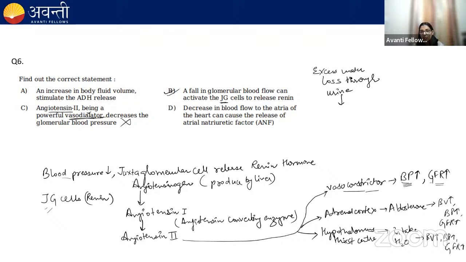So when the excess water is lost through urine, it will activate the hypothalamus osmoreceptors. Now the hypothalamus will signal the pituitary to release the ADH.